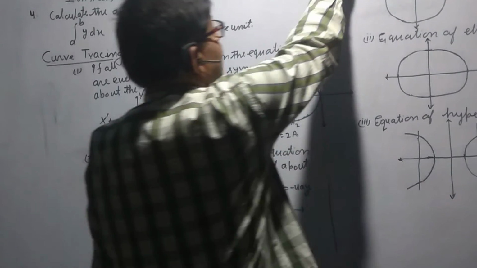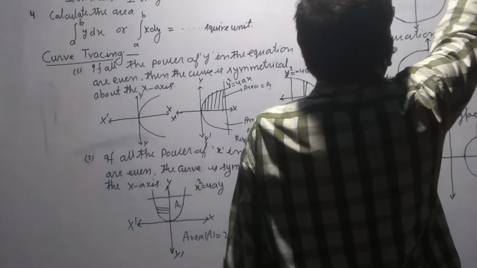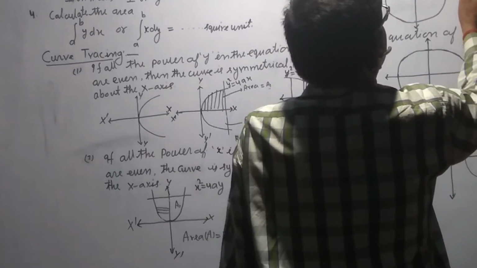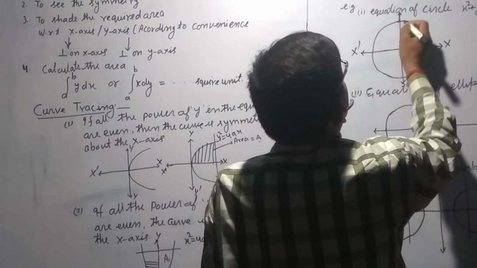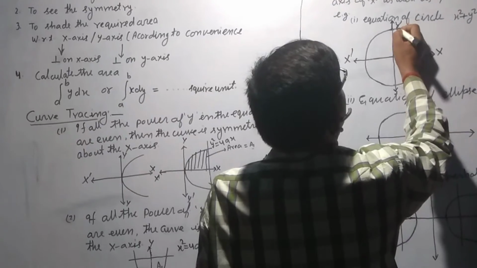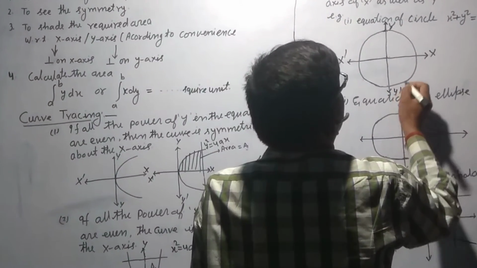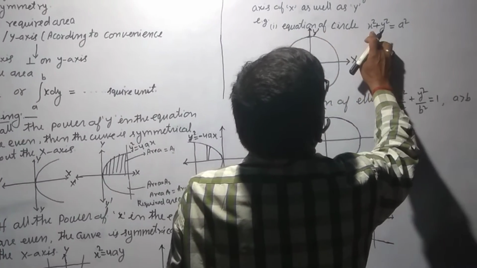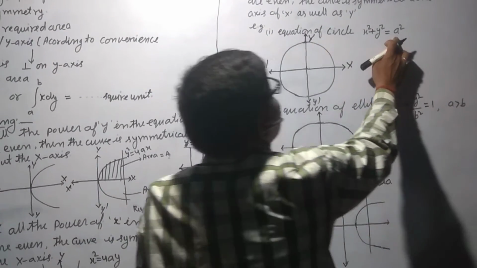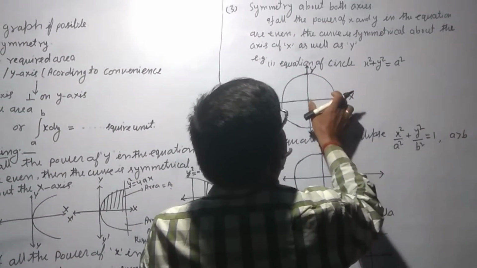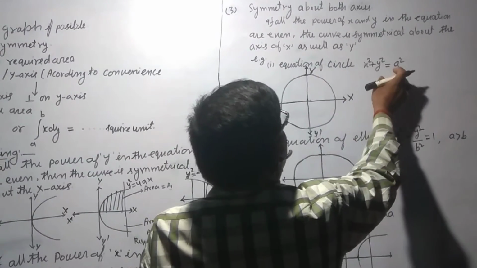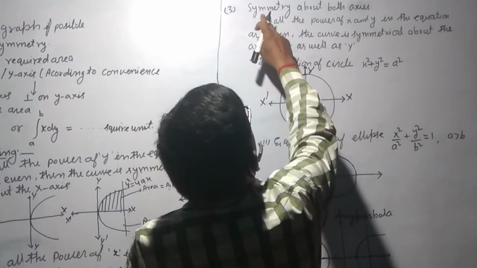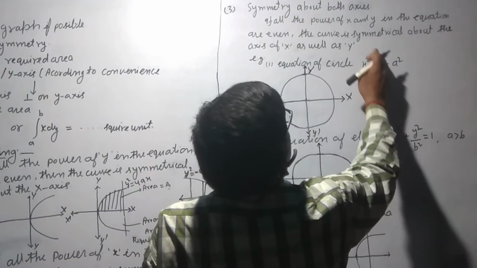Now third, symmetry about both axes. x-axis, x dash, y and y dash here, and this is the equation of a circle, x square plus y square equal to a square, where a is the radius of this circle, symmetry about both axes.